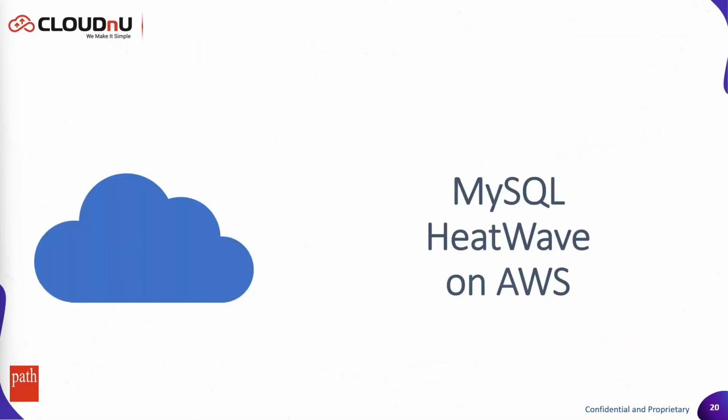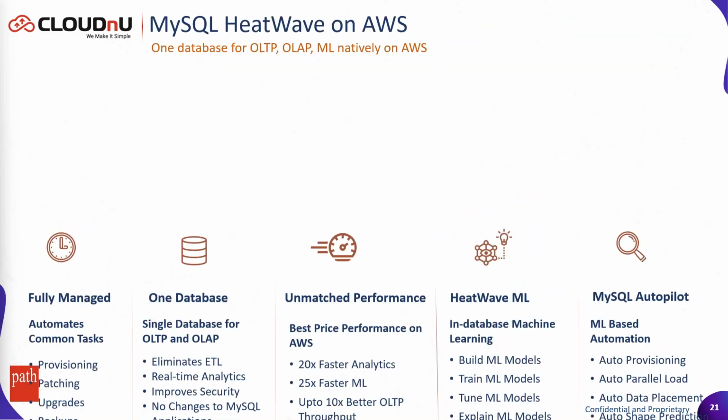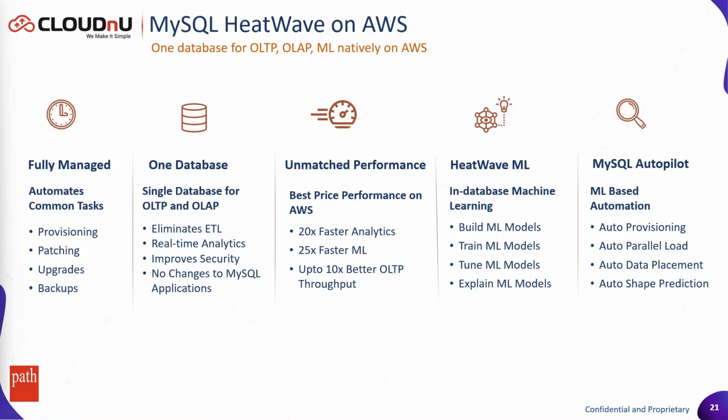So let's talk about AWS. Oracle embraced the notion of multi-cloud by first releasing MySQL HeatWave on AWS. That means the entire MySQL HeatWave environment, core capabilities, autopilot, and ML, is available for customers to use on AWS.